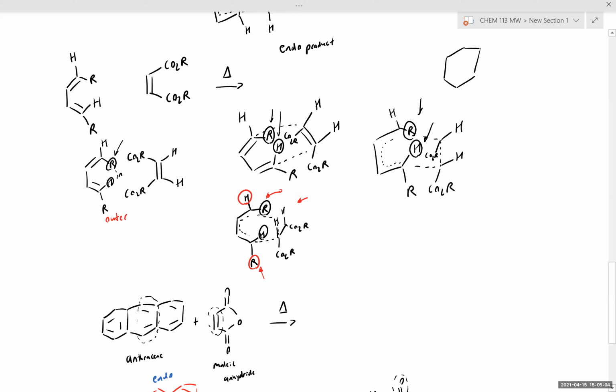Yes, the sp2 carbons are flat, but as part of the Diels Alder reaction, when we're forming these carbon-carbon bonds, depending on the configuration and orientation of the alkene, we get different stereoisomers. And in this case, we're looking at an example where our inner substituents are different substituents.